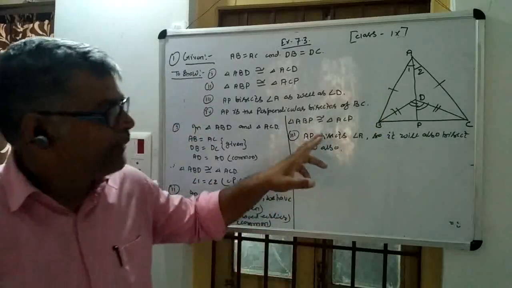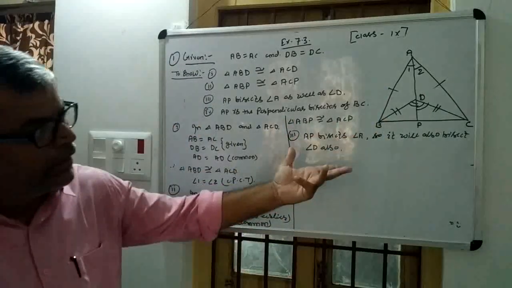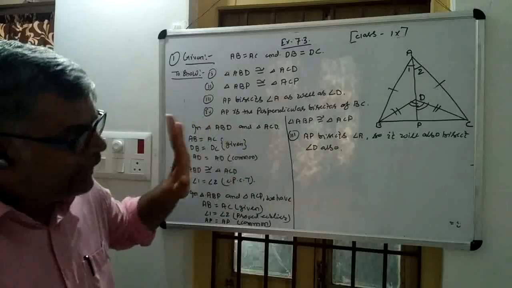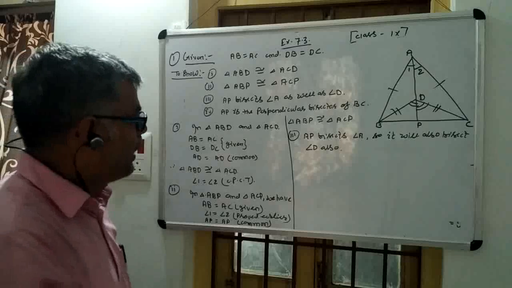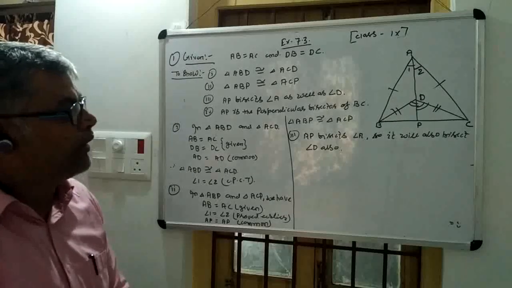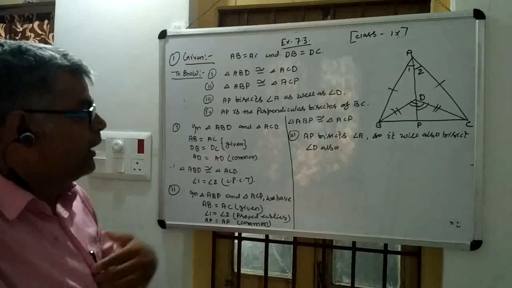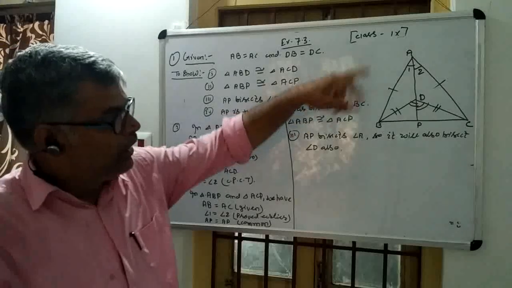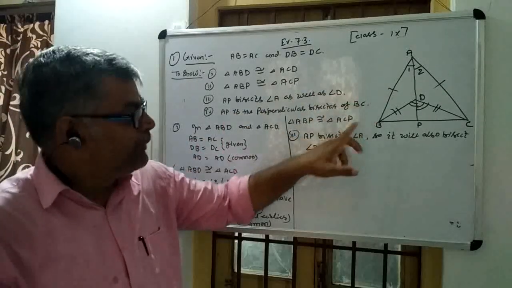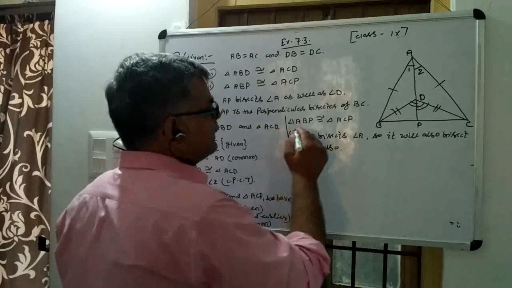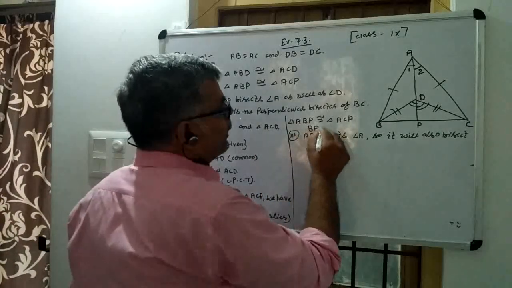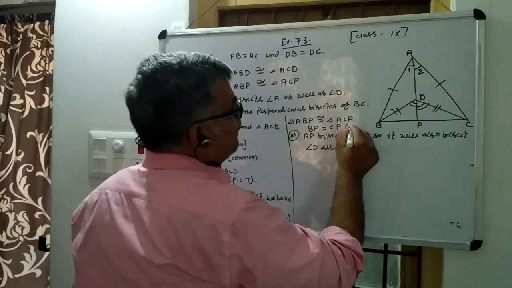Hence, AP bisects angle A, so it will also bisect angle D. Is it clear? Now the fourth part, AP is the perpendicular bisector of BC. Now when you have proved triangle ABP congruent to triangle ACP, one more thing you can write here: BP equals CP by CPCT.